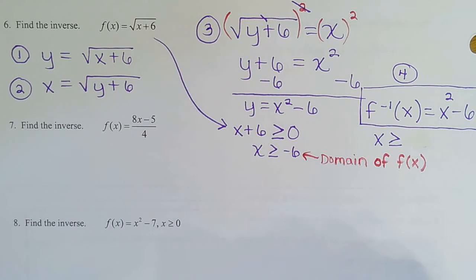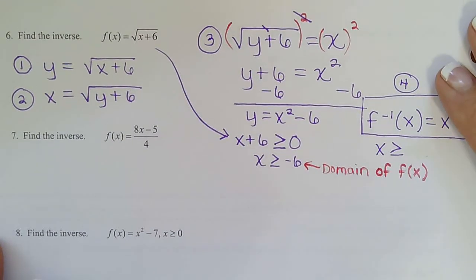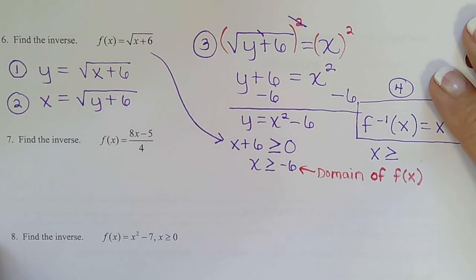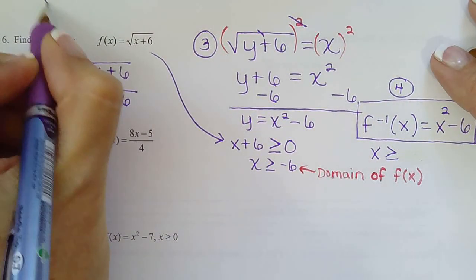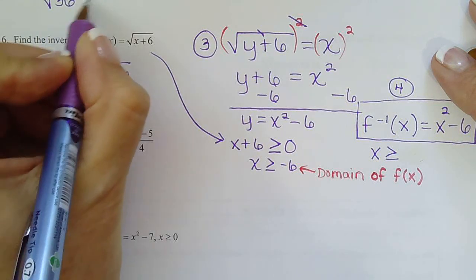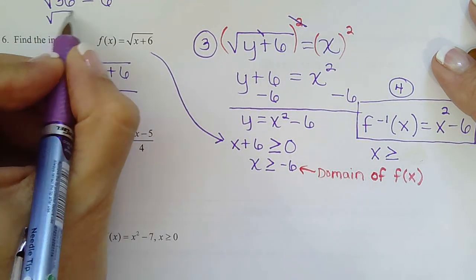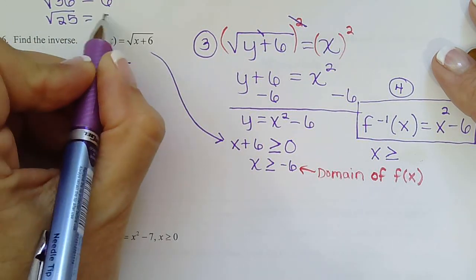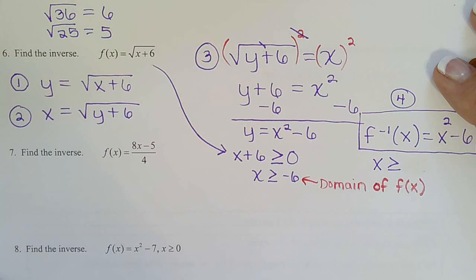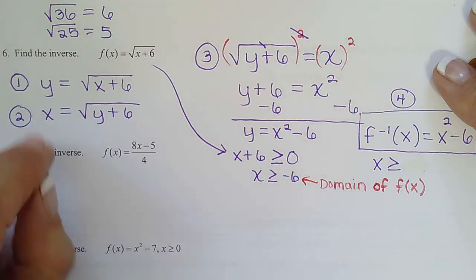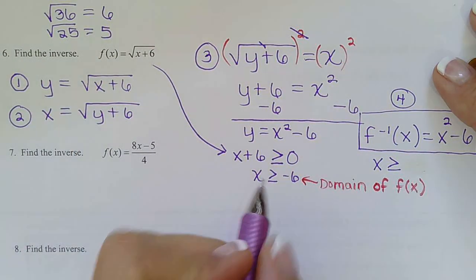So what is the range of f of x? What can y be? So when we take the square root of something, square root of 36, positive 6. Square root of 25, positive 5. So remember in chapter 6, we learned that square roots can only give us positive answers.